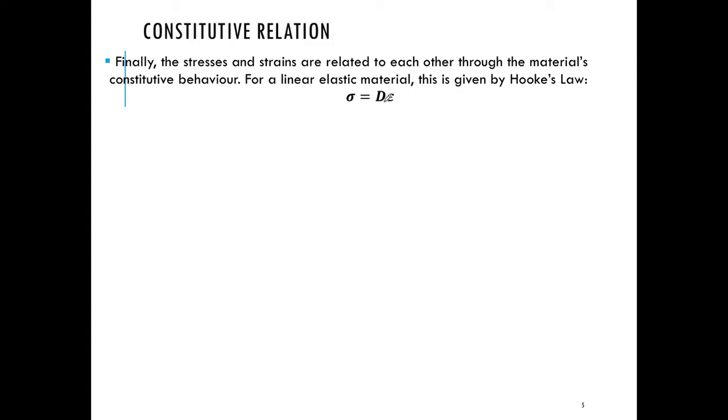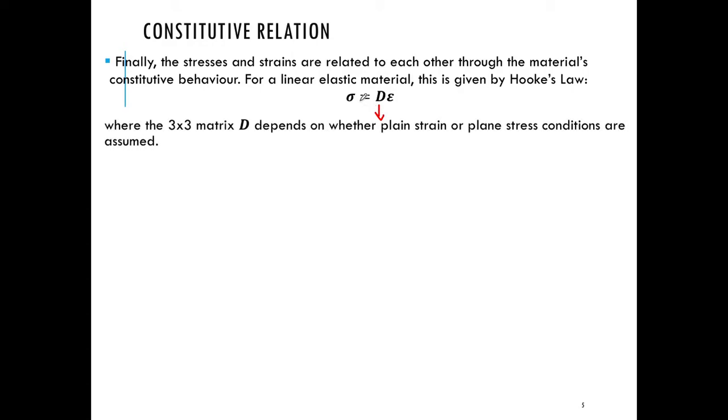So sigma equals D epsilon, where this D is a matrix containing our material properties. The way we've represented our sigma and epsilon, our D will be a 3 by 3 matrix, and it consists of our material properties, but for our 2D problems, it also depends on whether we're looking at a plane strain 2D problem or a plane stress 2D problem.